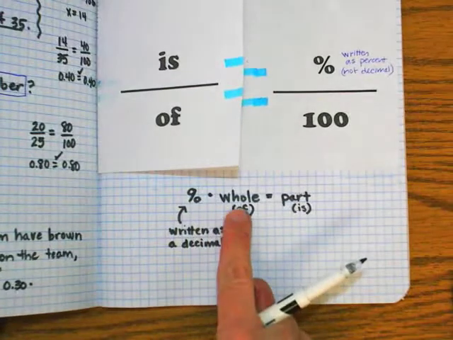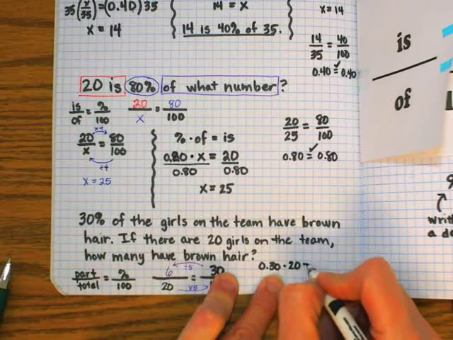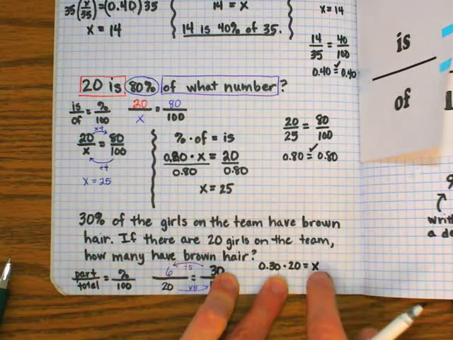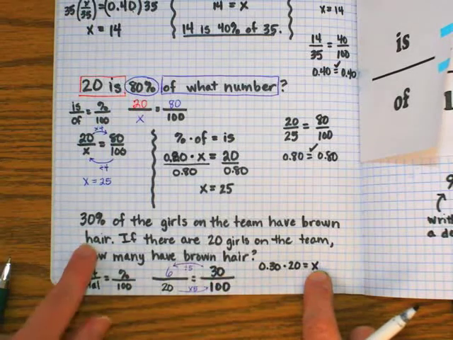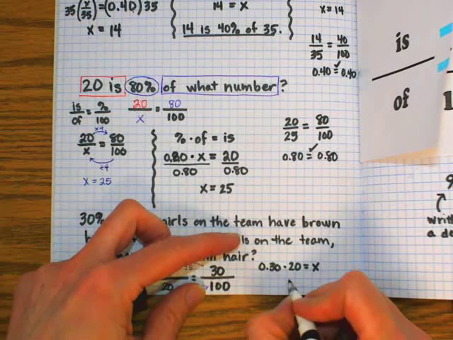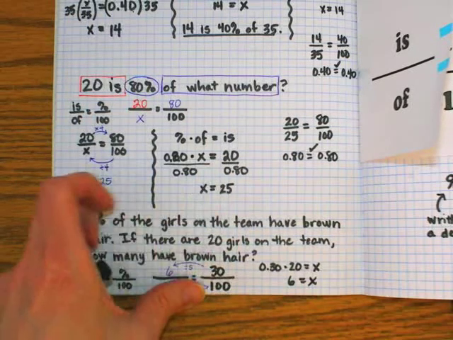Percent times whole equals part. The whole team is 20 girls, and that equals the part, which we don't know yet because we don't know how many girls have brown hair. So when we do 20 times 30 hundredths, you get 6. So the total number of girls with brown hair is 6.